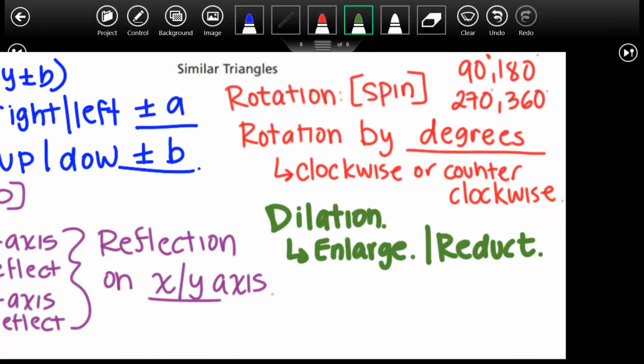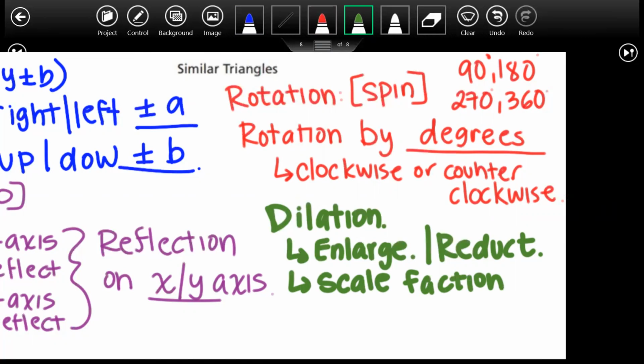It's a dilation, a reduction by what? Then we also need to refer to the scale factor. It's reducing down by 1/2. It is increasing its size or enlarging by 4.